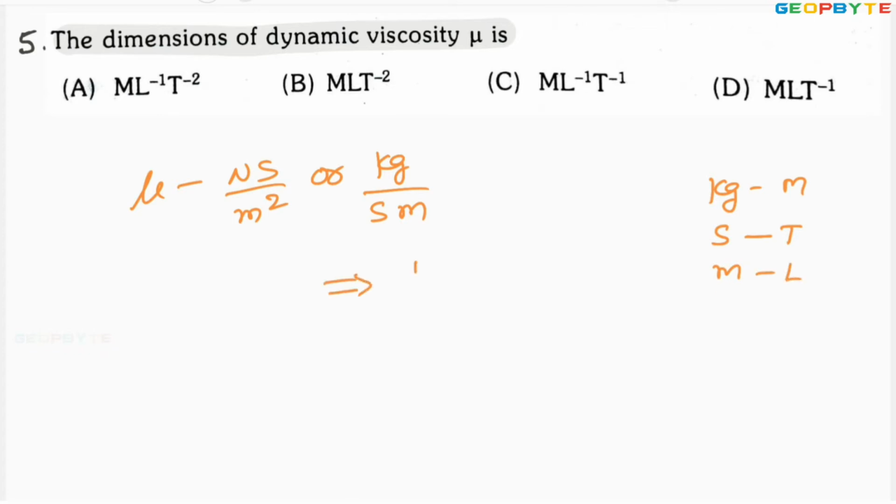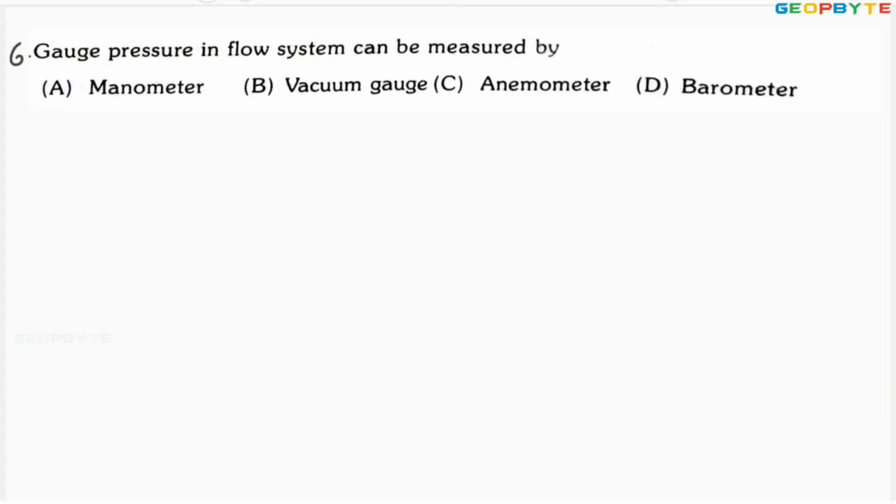Therefore, I can write as M by T into L, which can also be written as M L inverse T power minus 1. So, this is the dimensional formula for dynamic viscosity. Look at the option C, M L inverse T inverse. Therefore, option C is absolutely correct. Let us take another problem. Look at the sixth problem.